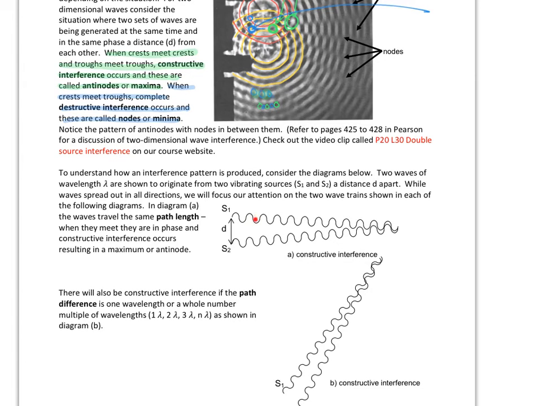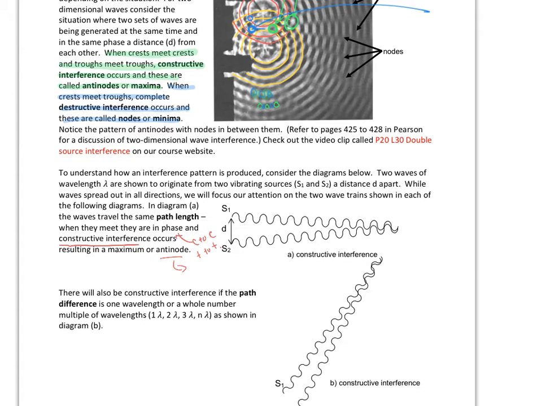In diagram A here, the waves travel the same path length. When they meet, they are in phase, meaning they are crest to crest or trough to trough. This means we have constructive interference occurring, resulting in a maximum or an antinode.